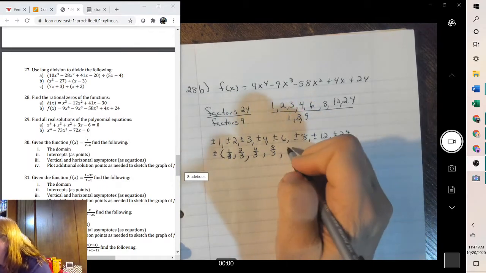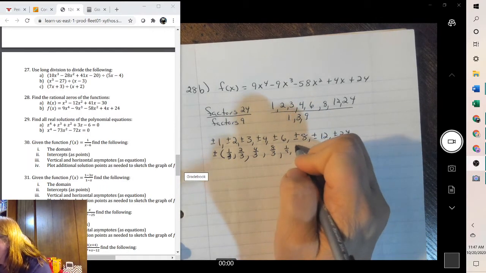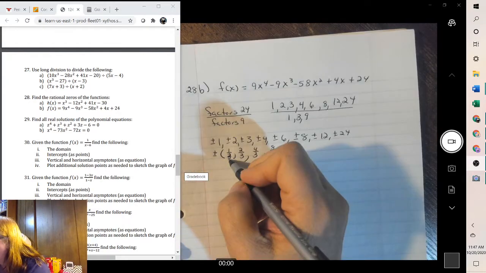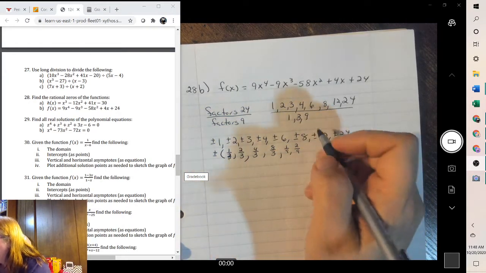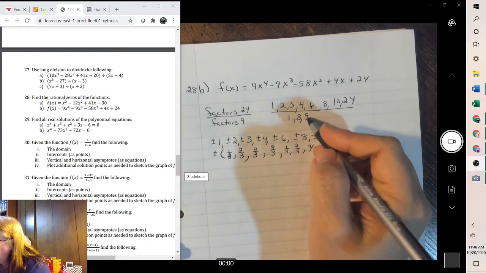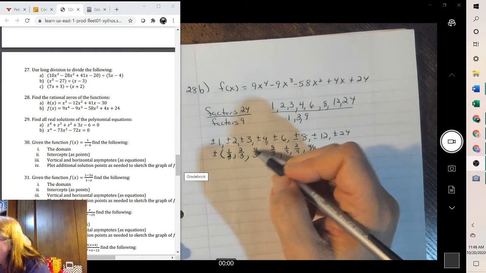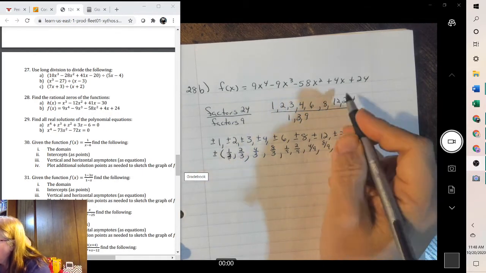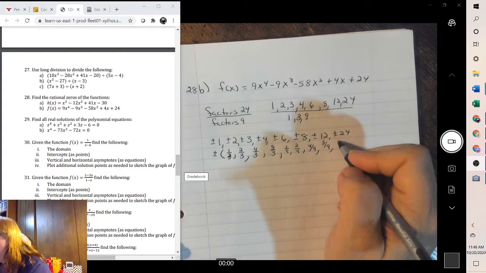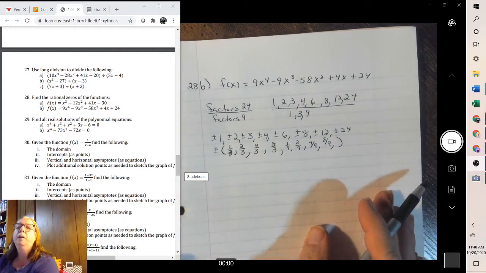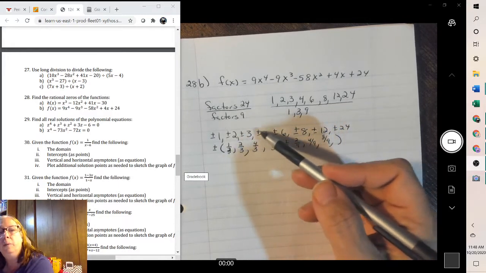Then divide by 9. 1/9, 2/9, 3/9 is 1/3, it's there. 4/9. 6/9 reduces to 2/3, which is there. 8/9. 12/9 reduces, and 24/9. So it would be plus or minus all of those. But the ones that reduce, they're already there.